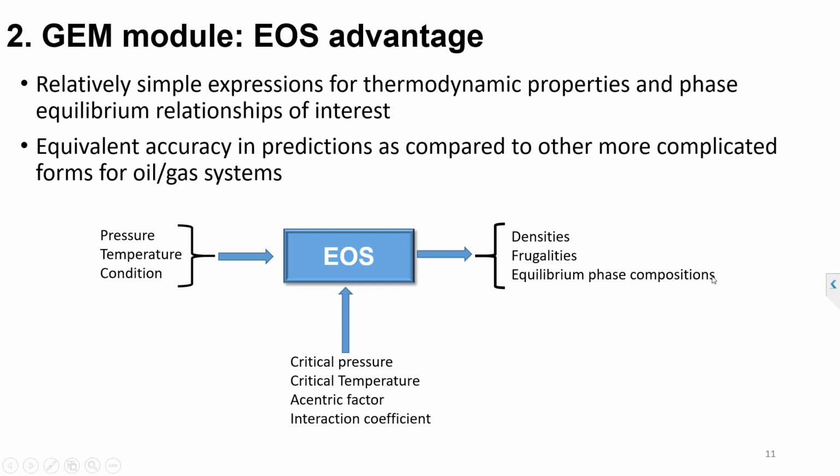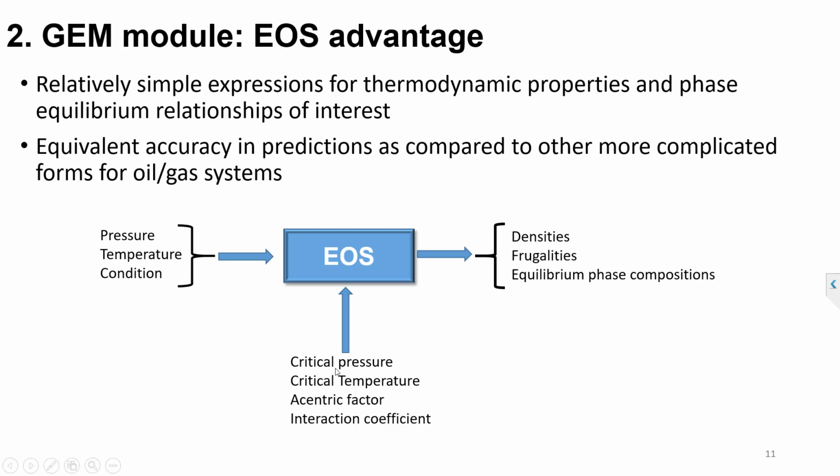based on the composition of the reservoir, and also the phase composition based on the input properties of the critical pressure, critical temperature, and the acentric factor or interaction coefficients.